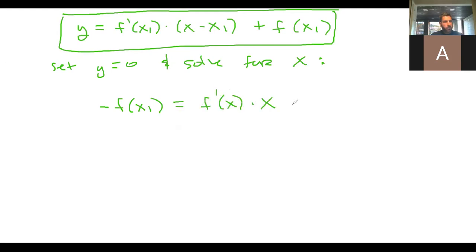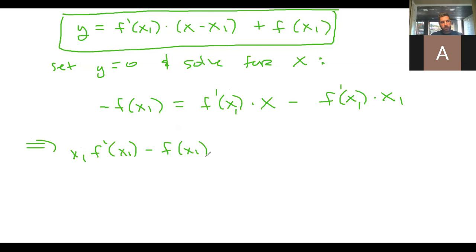I'm going to do a couple steps of algebra at the same time. And then when I take this to the other side, it becomes f prime x sub 1. I'll put the x sub 1 out front, and then it's, of course, minus f evaluated at x sub 1. Oh, this is times.